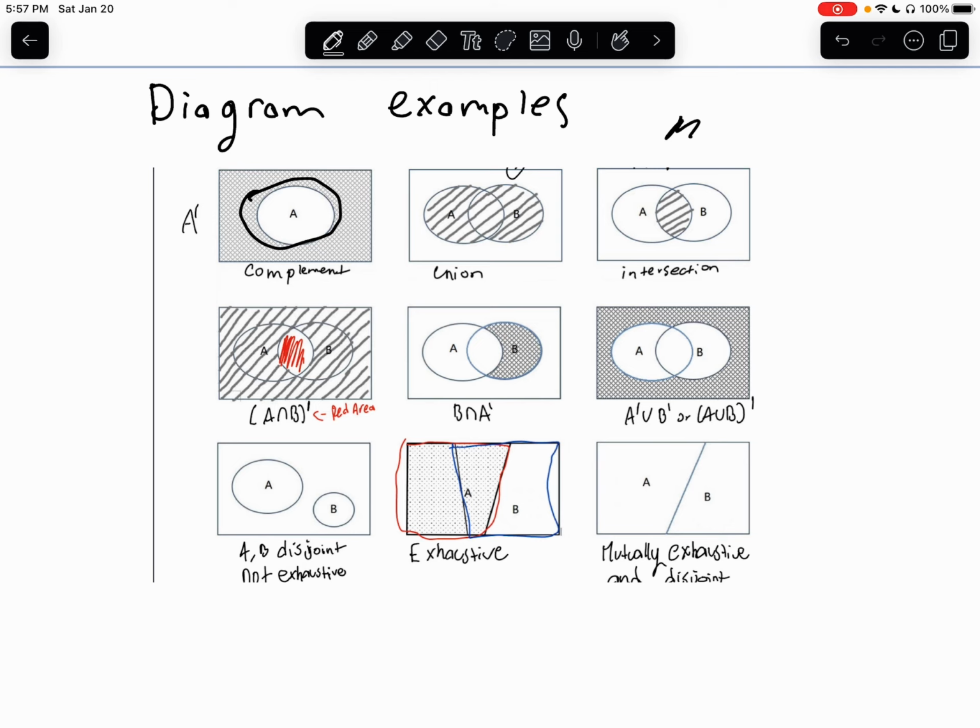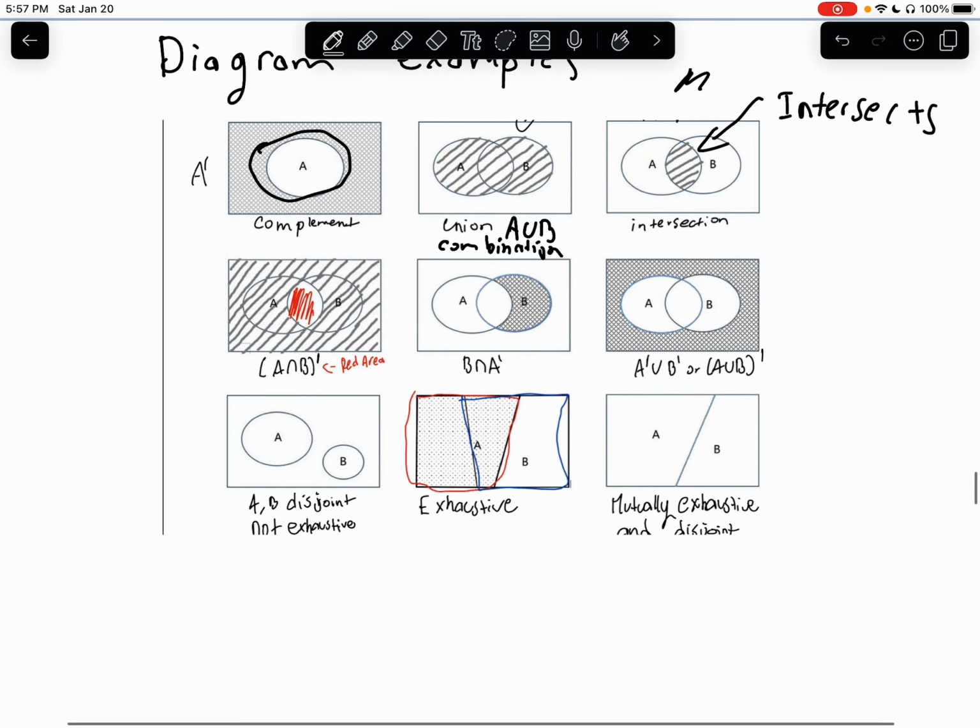A union, remember, we have A union B. This is a combination of A and B. Intersection, as we go here, is A intersect B, so it's the middle part of the diagram.